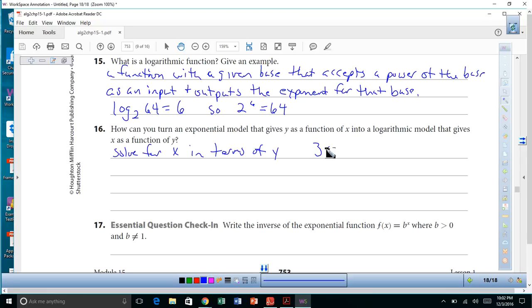Basically three steps. First, isolate the power of the base on one side.